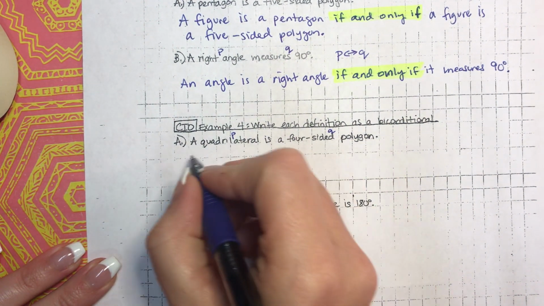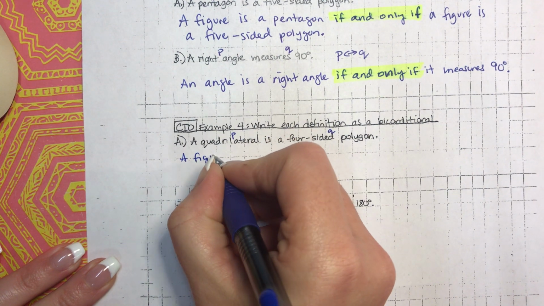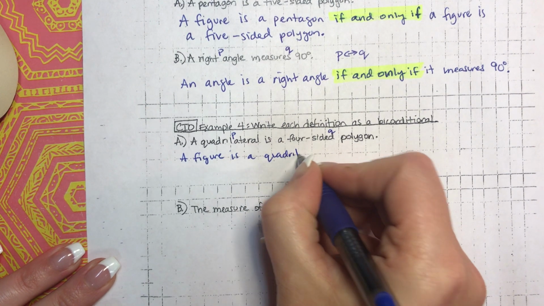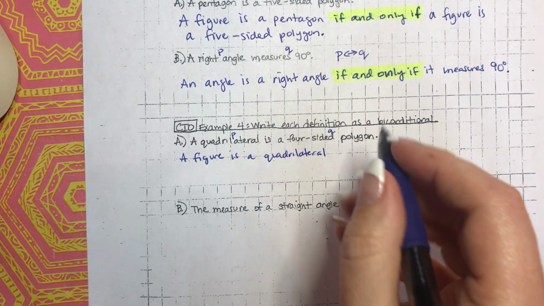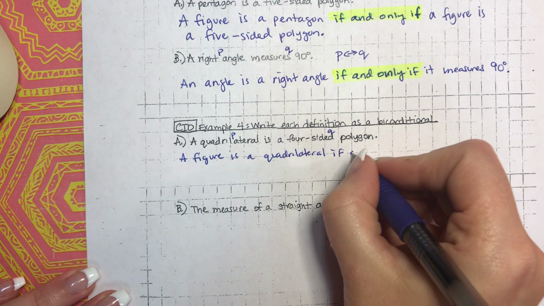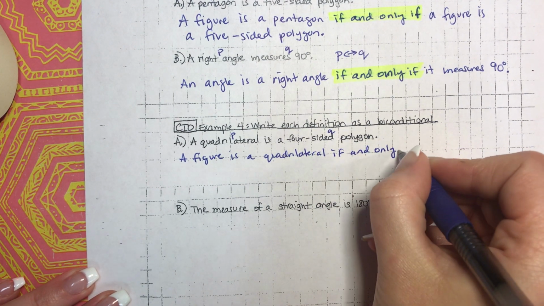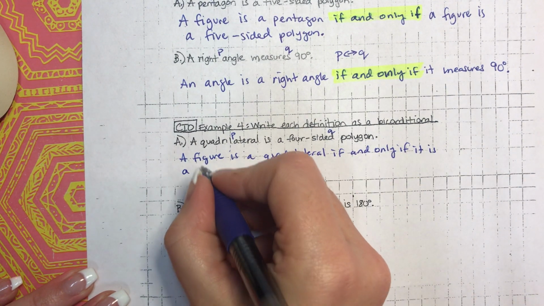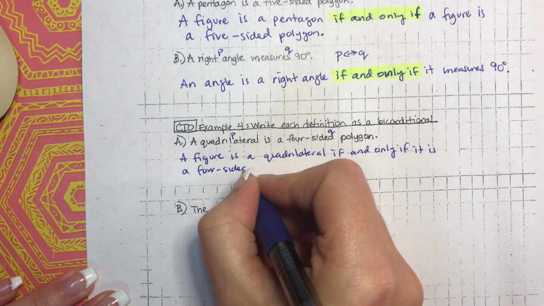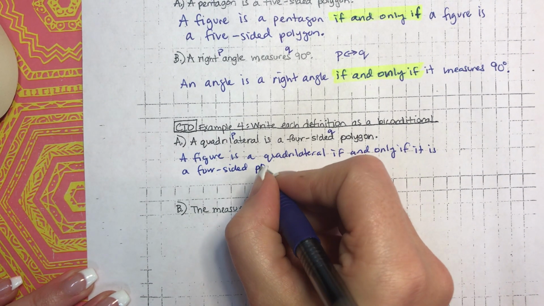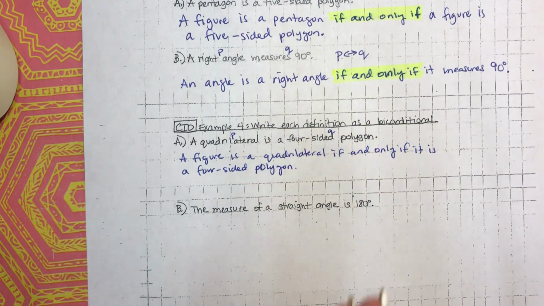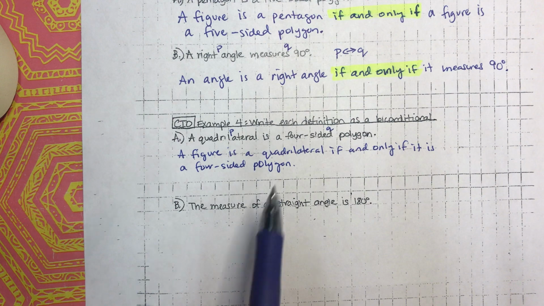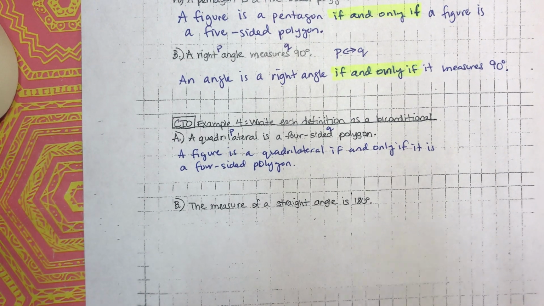So we're going to say a figure is a quadrilateral if and only if it is a four-sided polygon. So there you go. That would be our biconditional statement with our keywords right there.